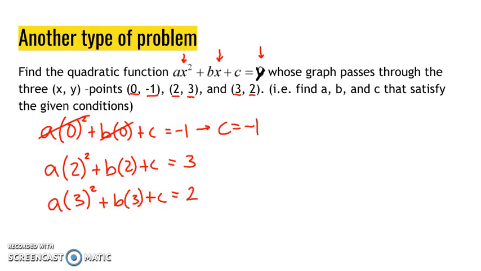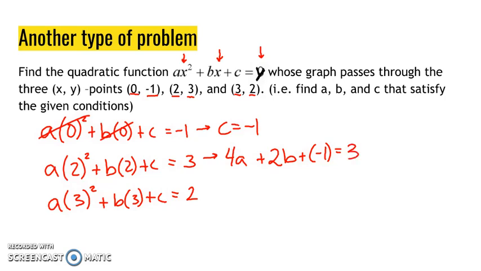Then if I start simplifying my other equations, I've got a times 2 squared. Well, 2 squared is 4, so really that's 4a, plus b times 2, so that's just 2b, plus c, which I just figured out is actually -1, and that equals 3.